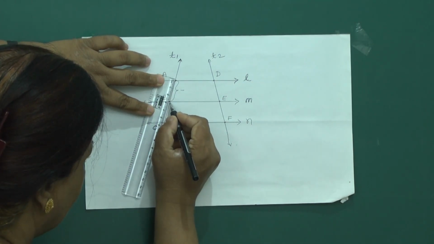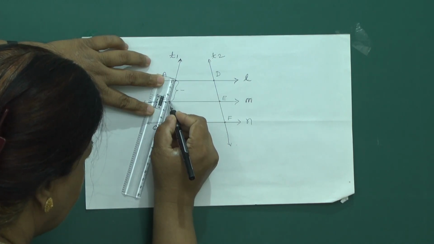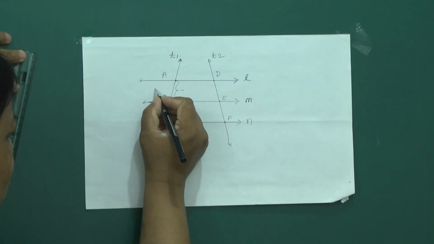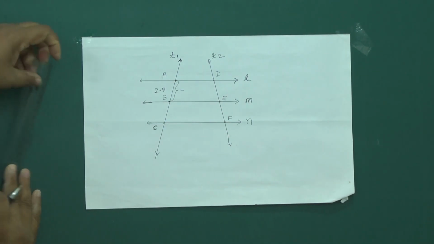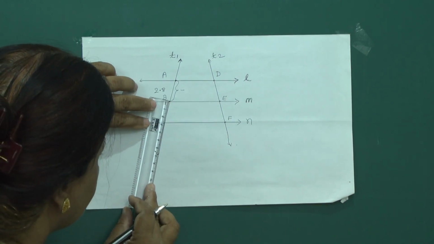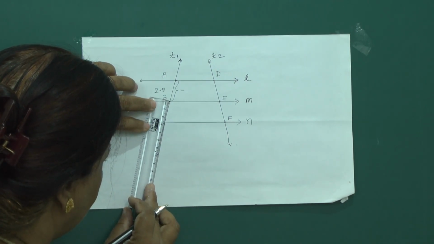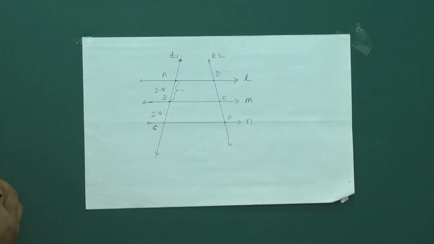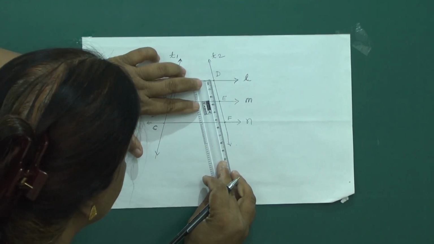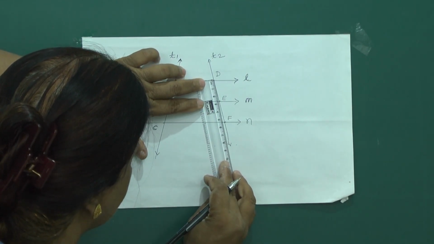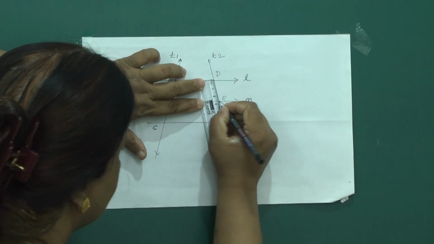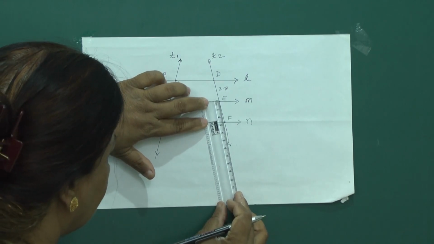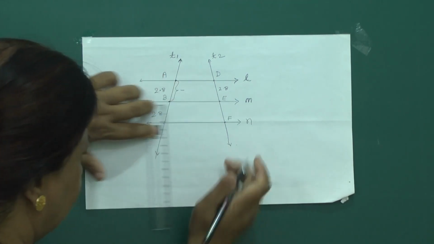It is 2.8. This is 2.8. Let's go for this. This is also 2.8 children. Let's go for this. Yes, even this is 2.8, and of course this will also be 2.8.